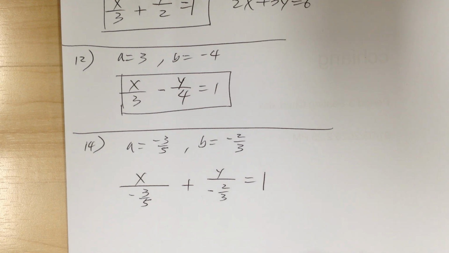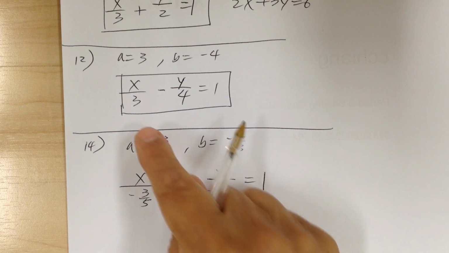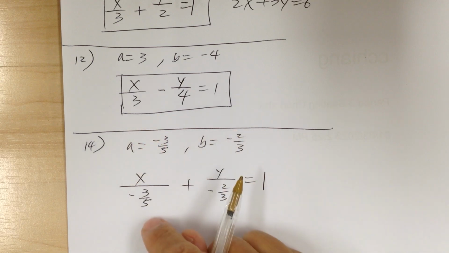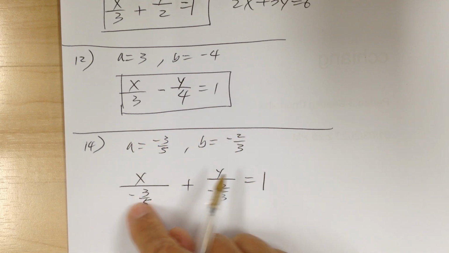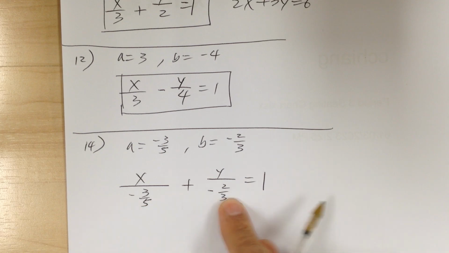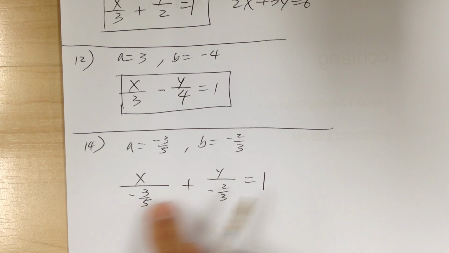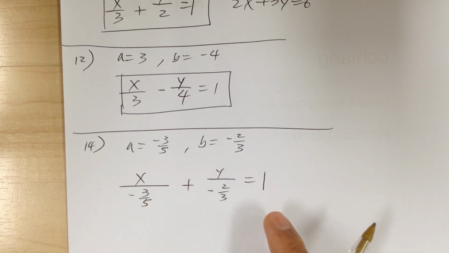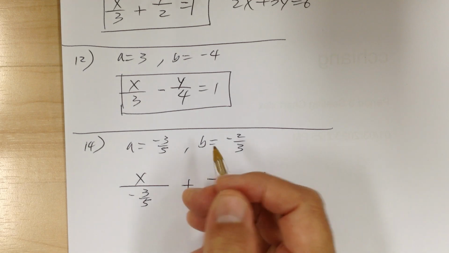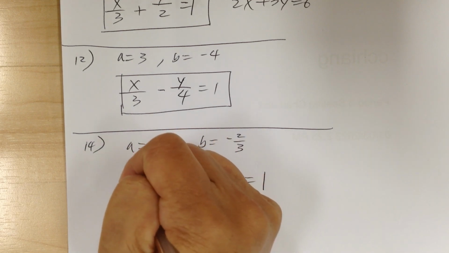So when you have a complex fraction, first let's get rid of the complex fraction. Notice there are 3 and 5, right? To simplify a complex fraction, you multiply by the common denominator on every part. So multiply by 15.